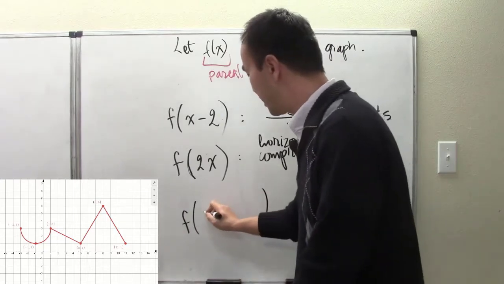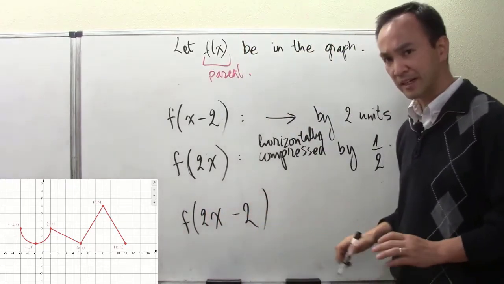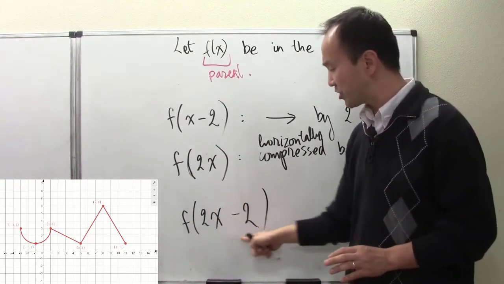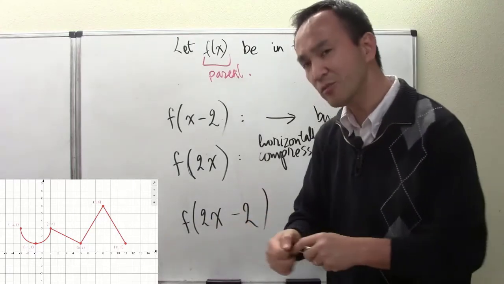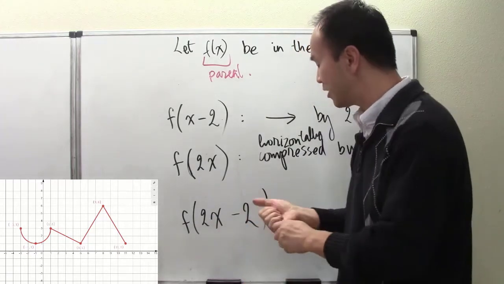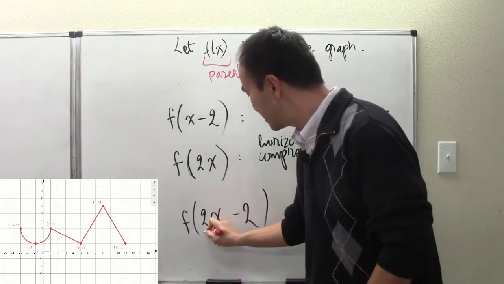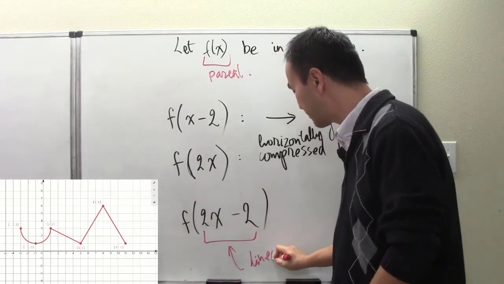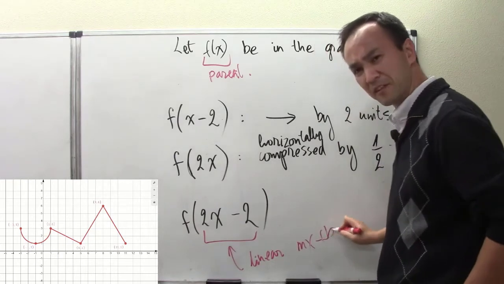How about a 2x minus 2, for example? And this is sadly the way most of the time the expression is expressed. If we look a little more closely, this is in the form of a linear, that famous linear mx plus b form.